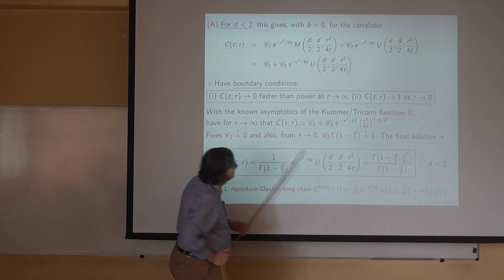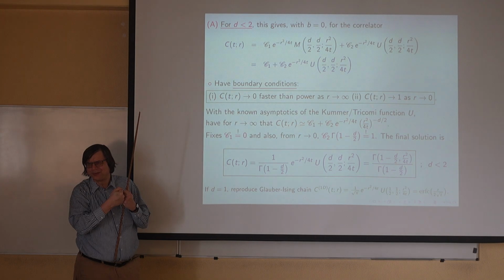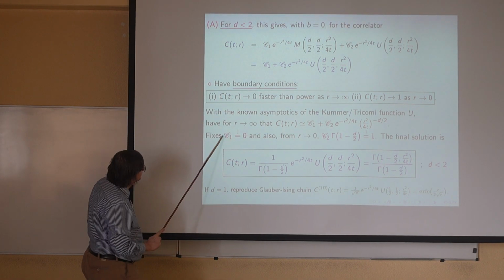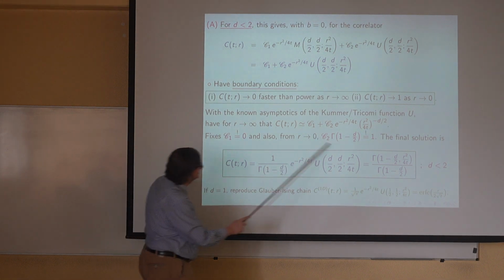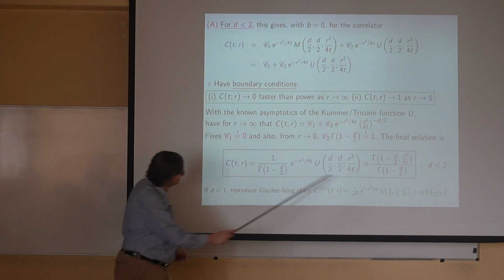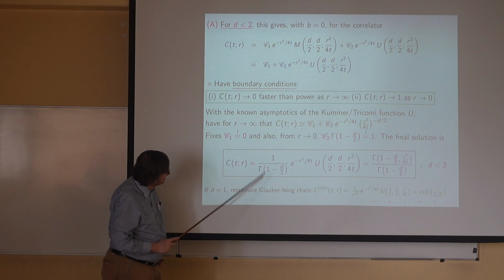And the other property is, well, when we put the two spins together, the spin squared is 1, so this should be 1. So let us see. The first condition fixes this one here, the second condition fixes the other one. So I can then write here the exact solution. Everything is in there.